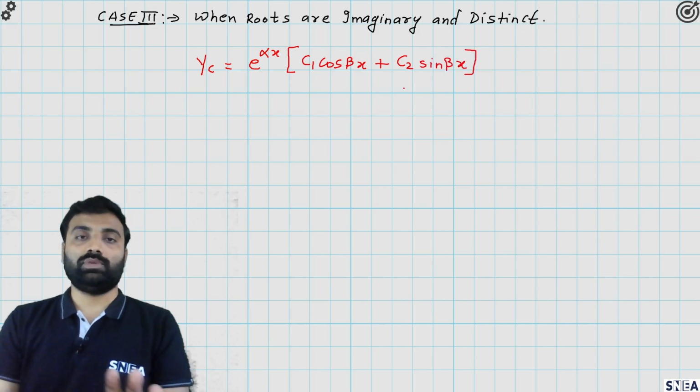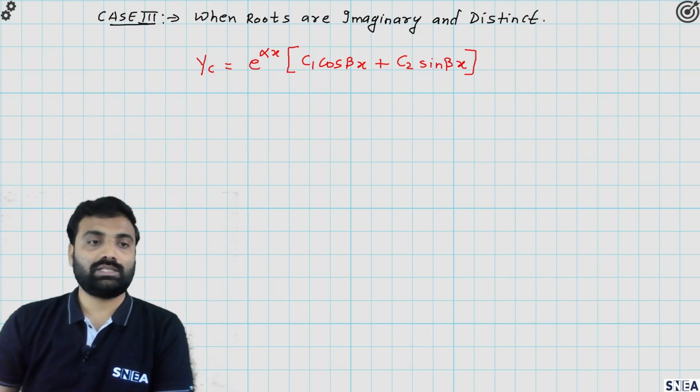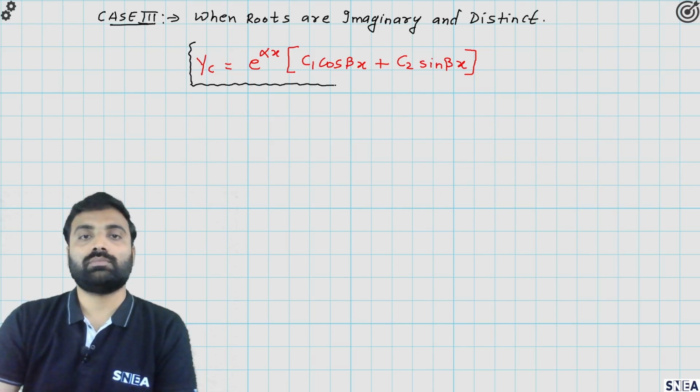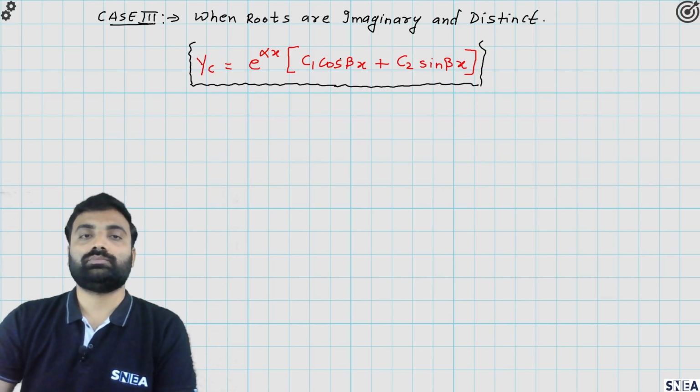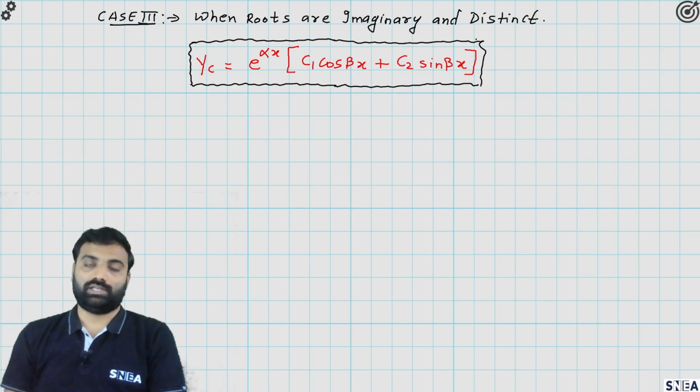This is the formula that you have to remember, guys. E raised to alpha x in bracket c1 cos beta x plus c2 sin beta x. Okay.